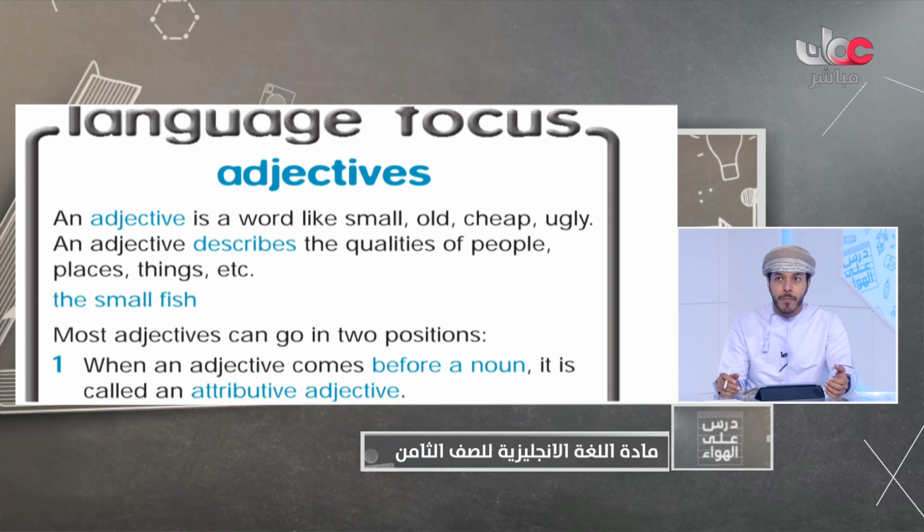We can also describe parts of our bodies, for example, she has beautiful eyes, or she has brown hair. Even colors are considered adjectives.